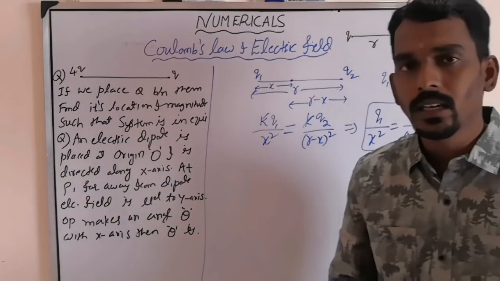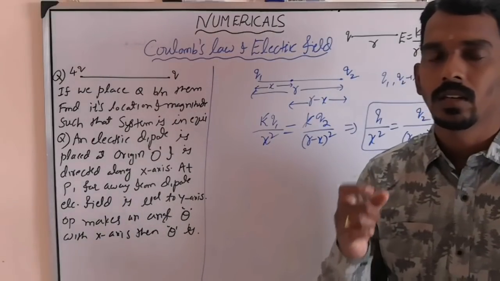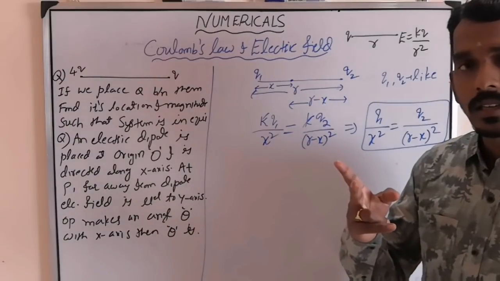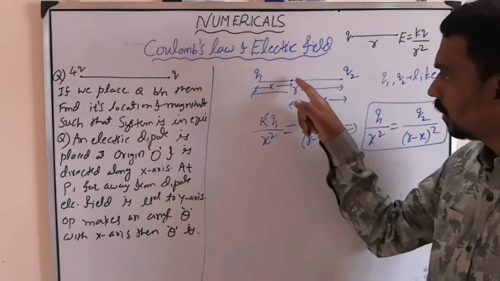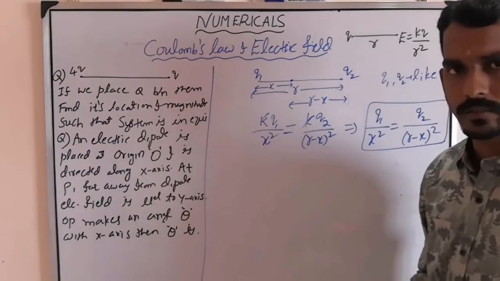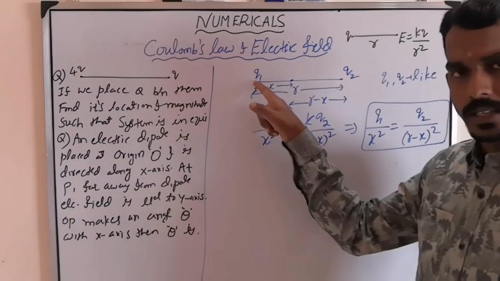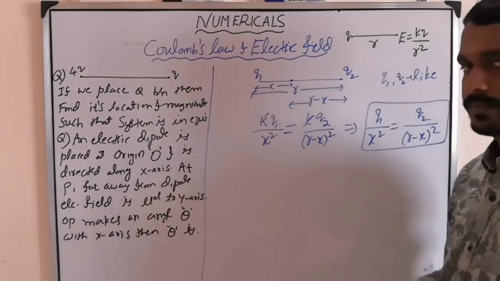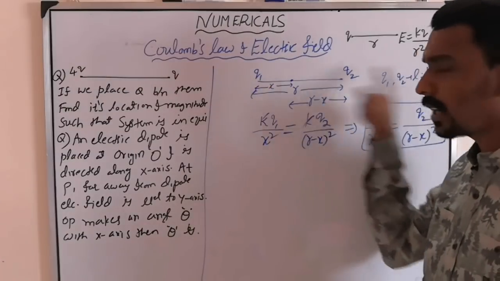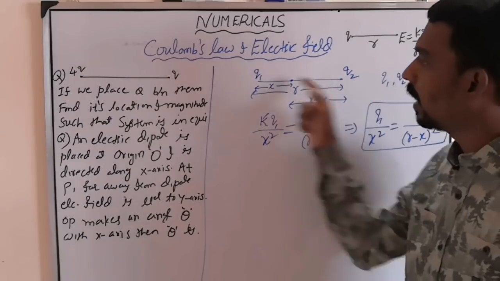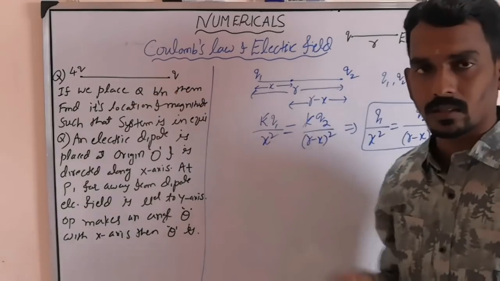Now immediately what question will rise? The direction must be opposite. See here, this is the point, and this is positive. Positive charge means the field must be away from it. So the field of Q1 is rightward, and the field of Q2 is leftward, away from the charge.